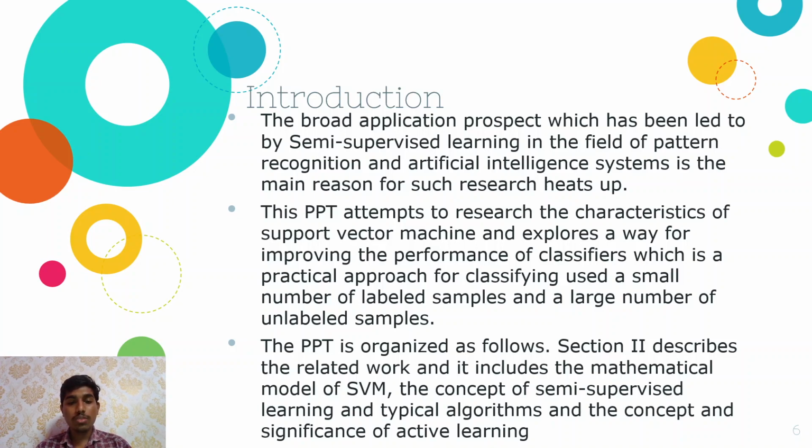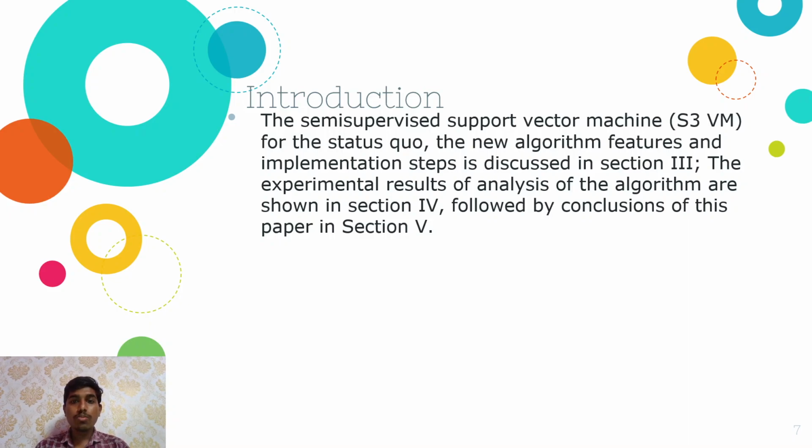Section 2 describes the related work, and it includes the mathematical model of SVM, the concept of semi-supervised learning and typical algorithms, and the concept and significance of active learning. The semi-supervised support vector machine for active learning, the new algorithm's features and implementation steps are discussed in section 3.